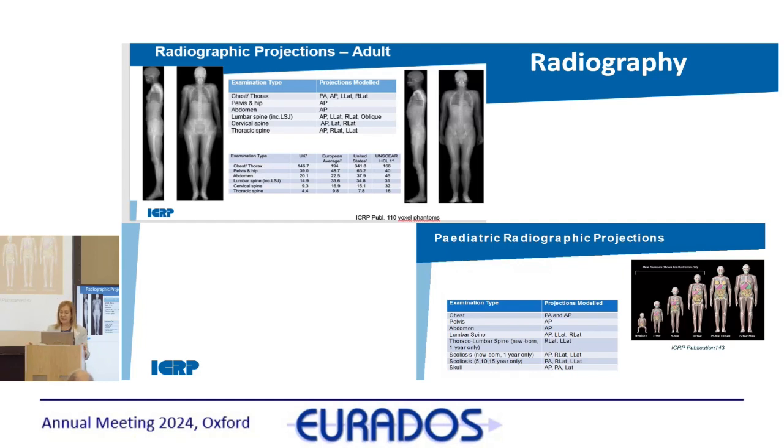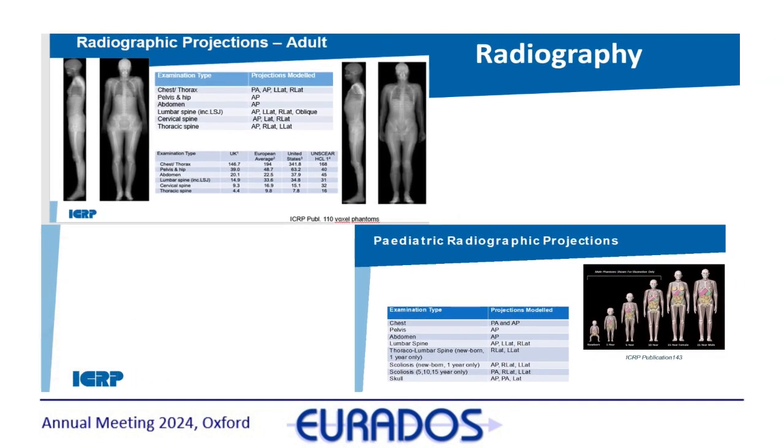You see in this slide the projections that have been selected for consideration and for simulations. This selection was made based on the frequency of these examinations, as recorded in the UK, in Europe, in the US, and in UNSCEAR.